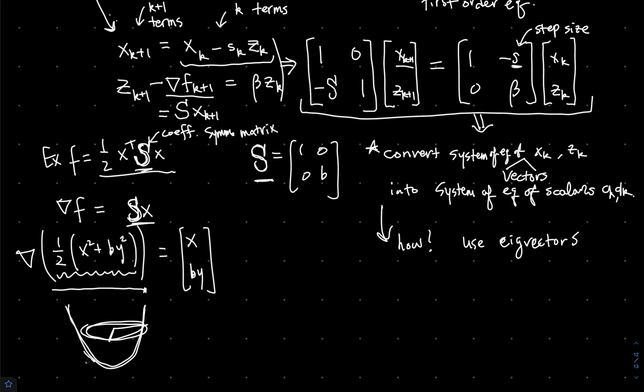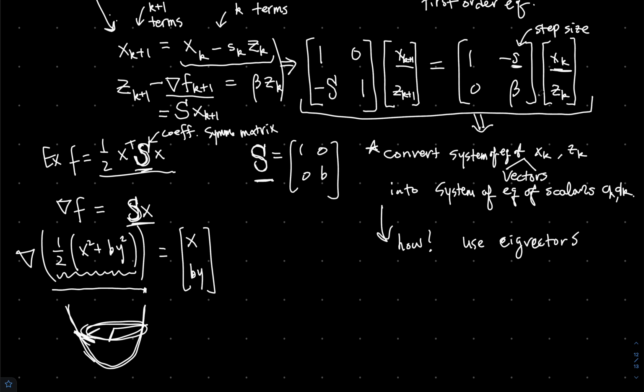And for any tangent direction on that ellipsoid, we can think of the vector as a linear combination of the two main eigenvectors. So we can think of any vector xk as a linear combination of the eigenvectors.